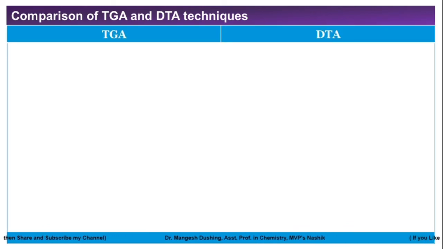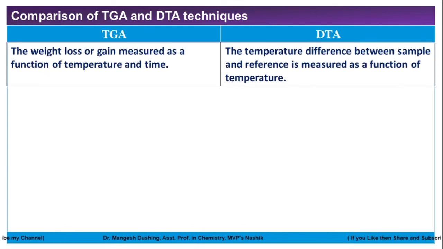Now we'll compare thermogravimetric analysis and differential thermal analysis. So this is thermogravimetric analysis and differential thermal analysis. The weight loss or gain measured as a function of temperature and time is called thermogravimetric analysis.